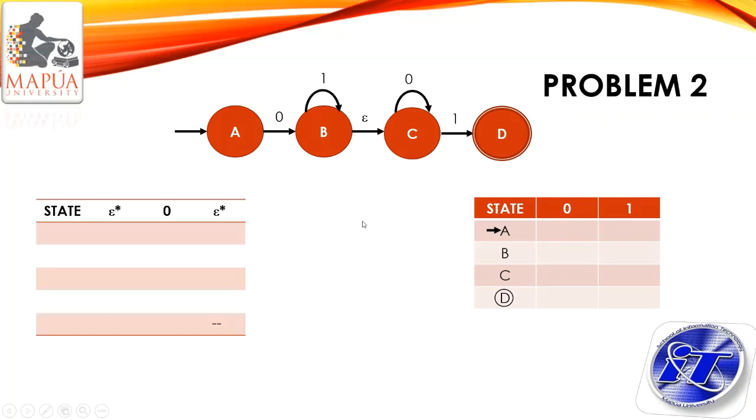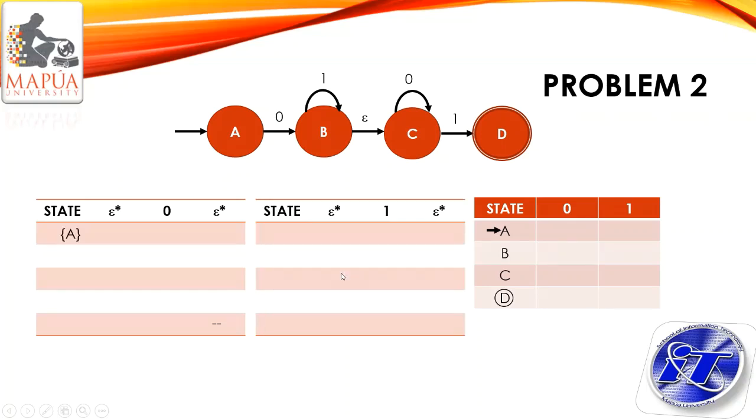So let's start by considering 0 input. Let's start with A. What is the epsilon closure for A? The epsilon closure is just A, since we don't have an epsilon going out of A. If it's 0, it will go to B. Do we have an epsilon closure for B?